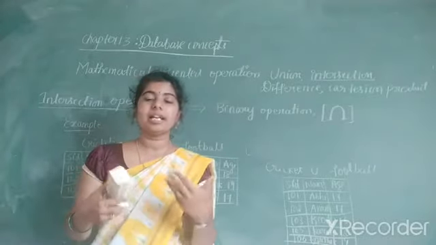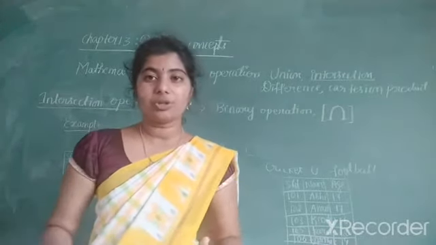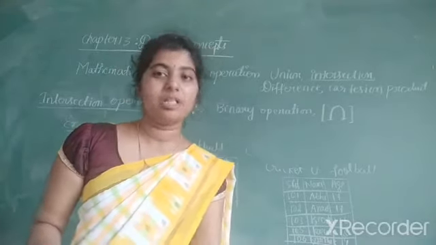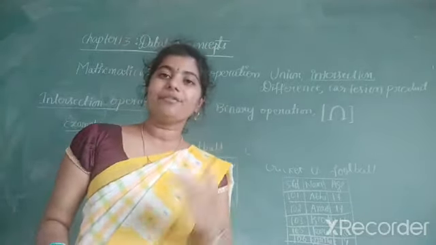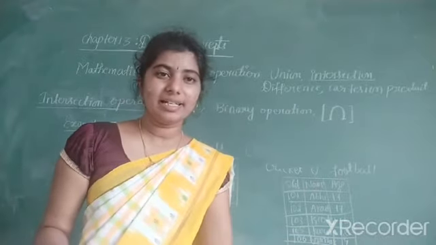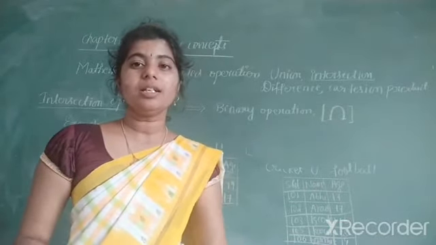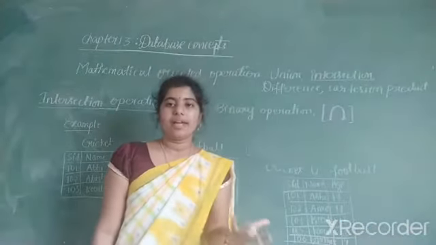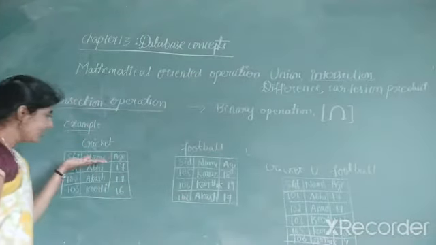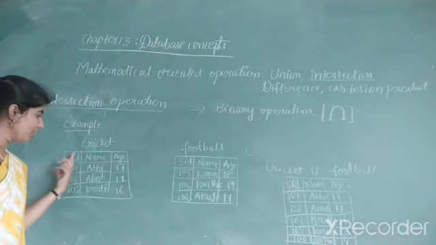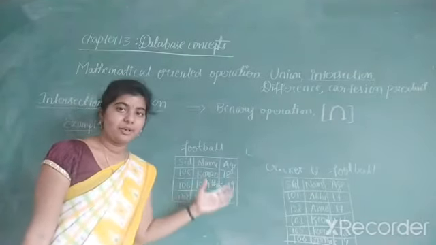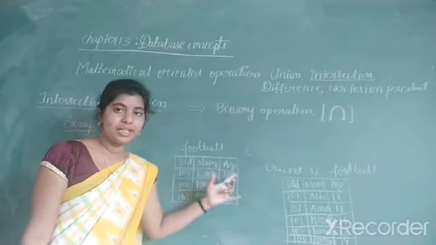Just like the rules for union compatible, similarly we also have the rules for intersection compatible. The rules are the same for both. What are the rules for intersection compatible? Again, the number of attributes present in one relation, here three attributes, must be equal to the number of attributes in the other. Here also there must be 3 attributes.